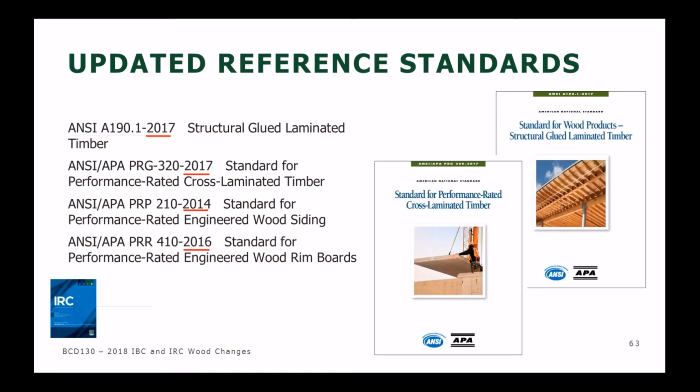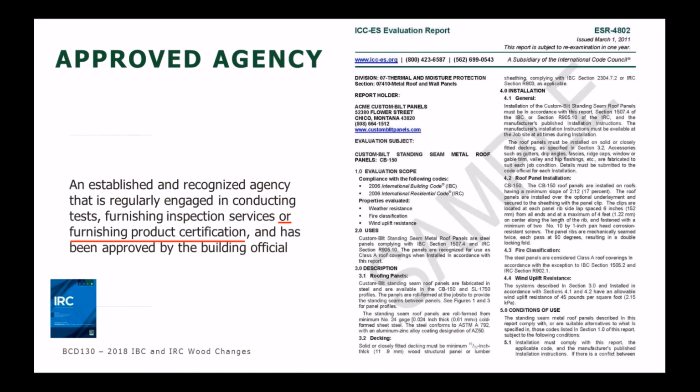The manufacturing standards are identical with the same addition referenced as the IBC. So we once again have updates for glue lam, for cross-laminated timber, for engineered wood siding, and wood rim boards. The approved agencies, that whole approval concept, as Michelle mentioned, is that a building department pre-approves a group for whatever function they are providing.